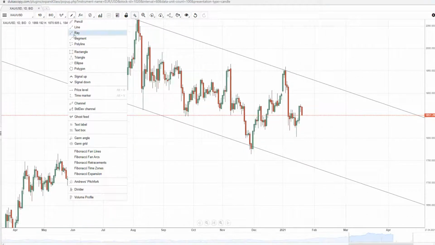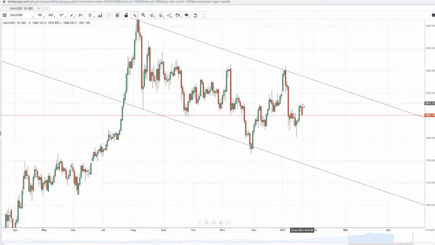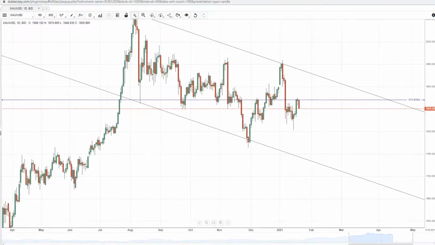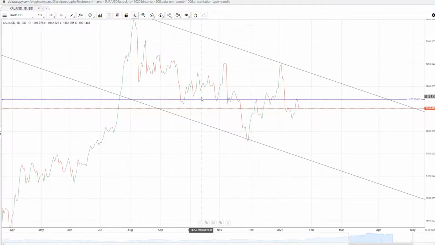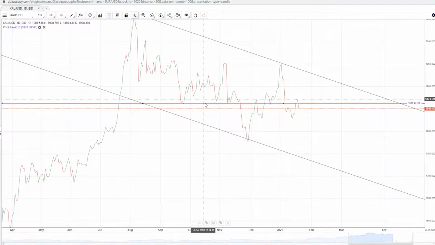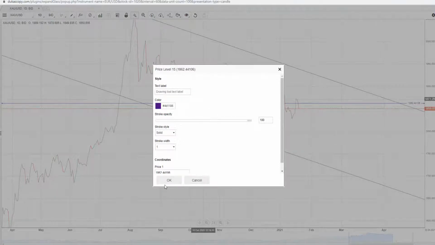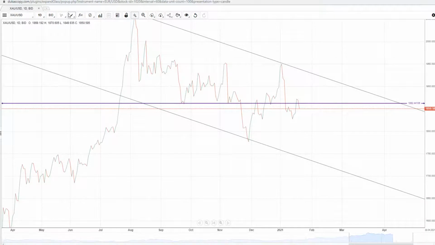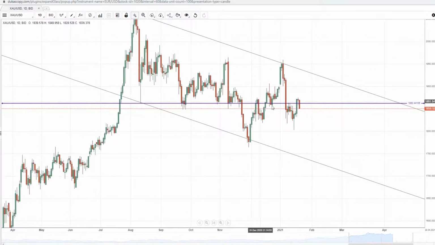There's a strong resistance level at this zone, and the price tested it yesterday. Let me put it there. I'll readjust it once. Yeah, we can see what happened.